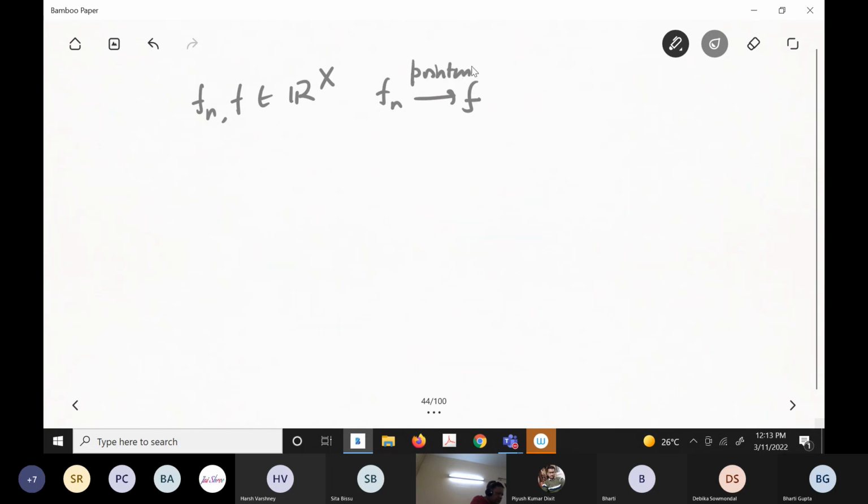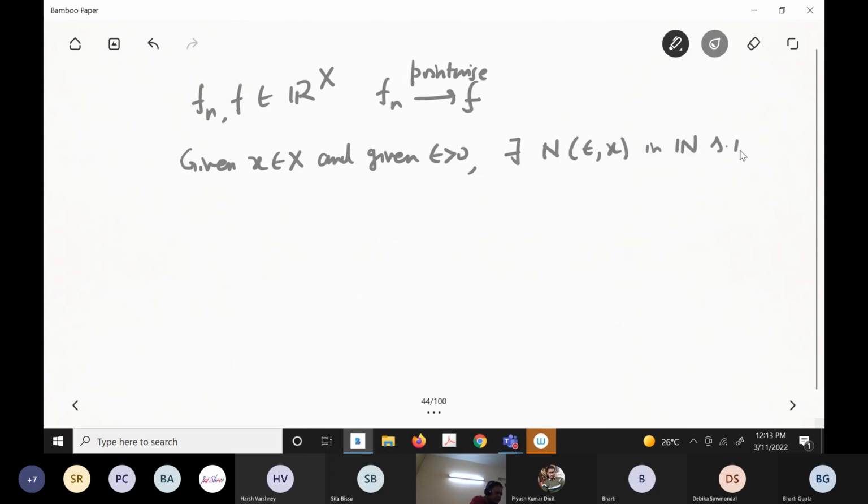Pointwise means: given x and given epsilon greater than 0, there exists n depending on both, such that n in the set of naturals such that |f_n(x) - f(x)| is less than epsilon. Make sure that here you have two bars, with one bar. This is a natural number.